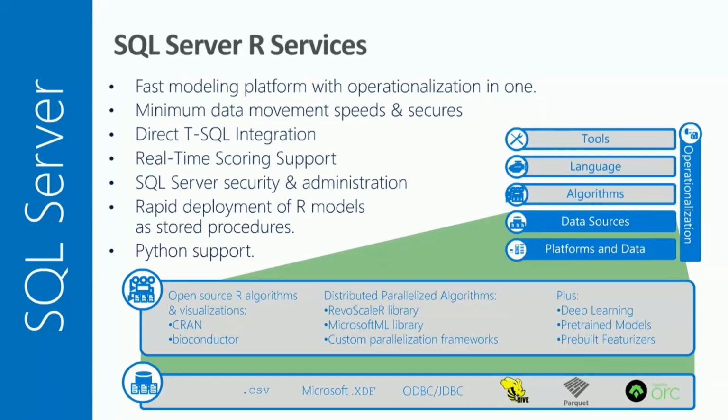We embedded our R Server in the SQL Server instance so that you can actually execute R code, our code in database, in SQL Server. So we're doing away with the need to move data around, and we see a 10 to 50 times performance improvement when code is run in database in SQL Server.